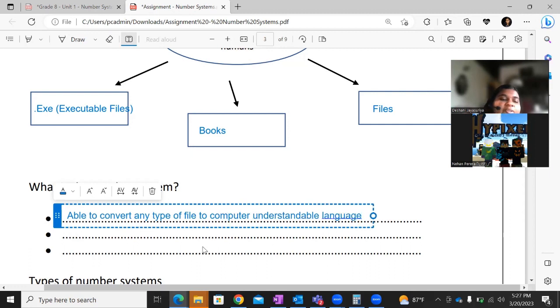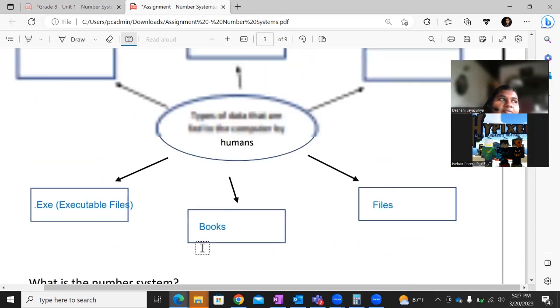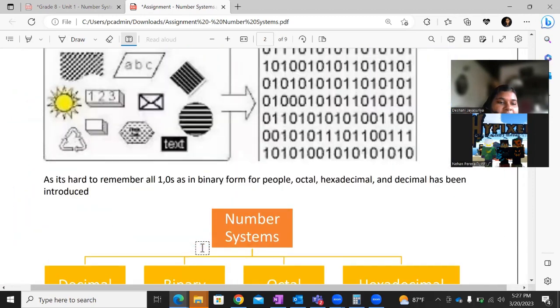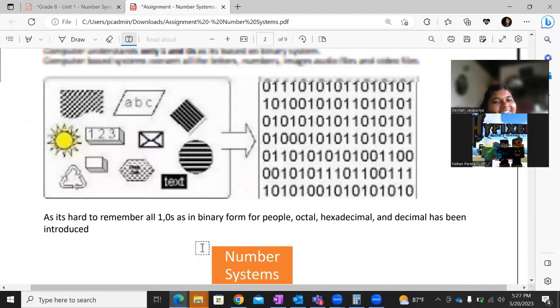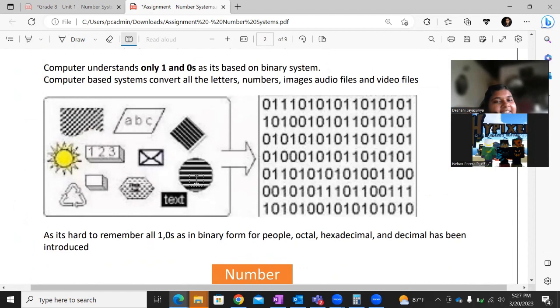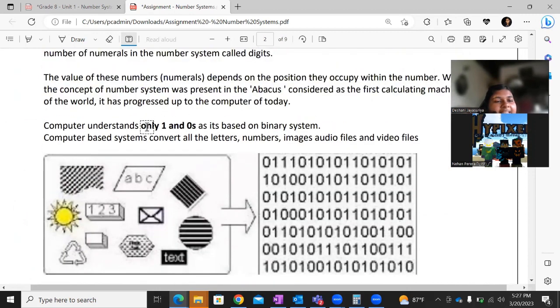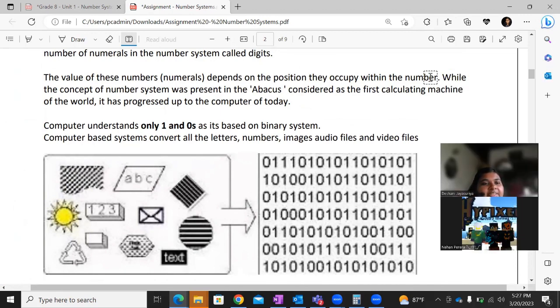Right? So this is the way that we use it. Other than that, you can see why we use ones and zeros, as in binary format, to get an idea of how computers understand things.